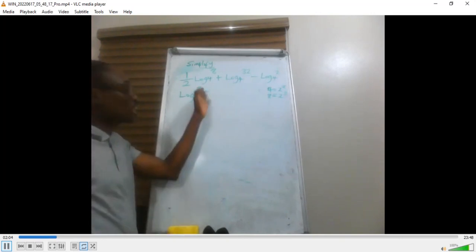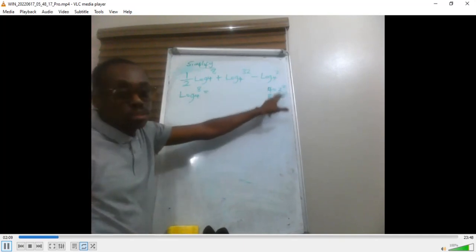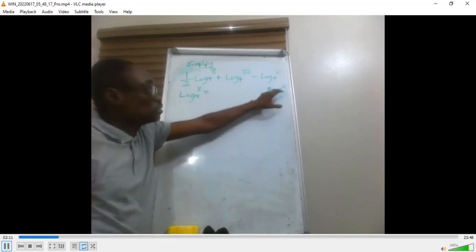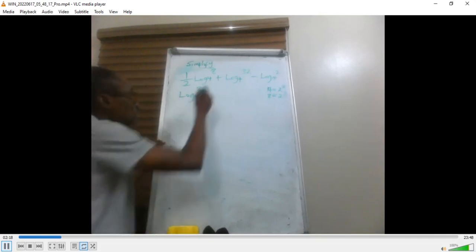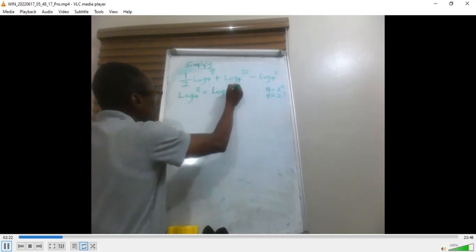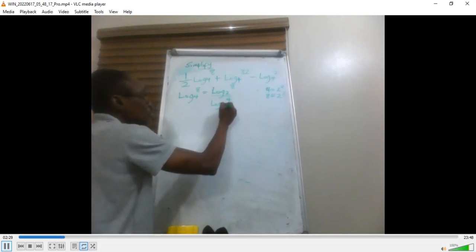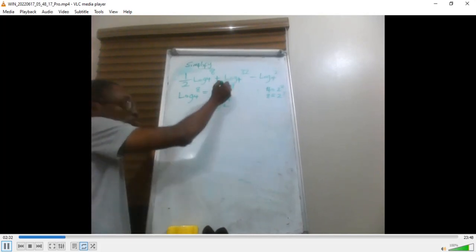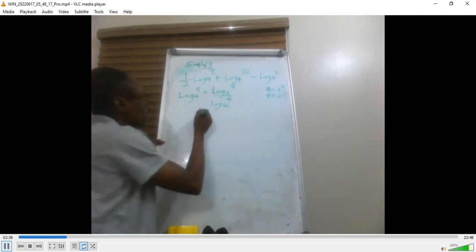So that means we can introduce change of base, and the change of base is going to be a common base, which is base 2. So we're going to apply change of base here. This is going to be log 8 base 2 divided by log 4 base 2.